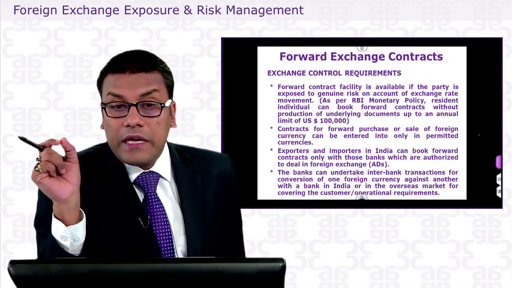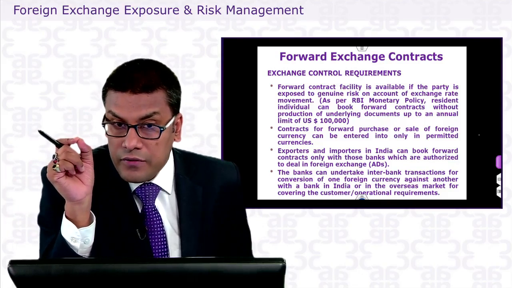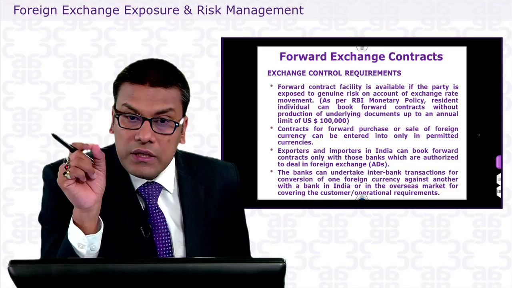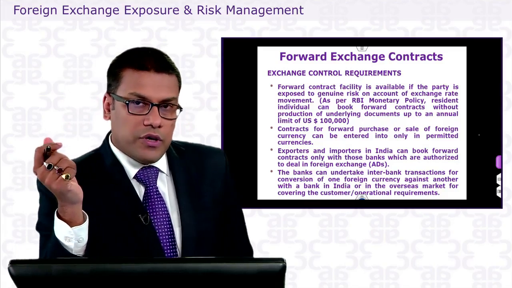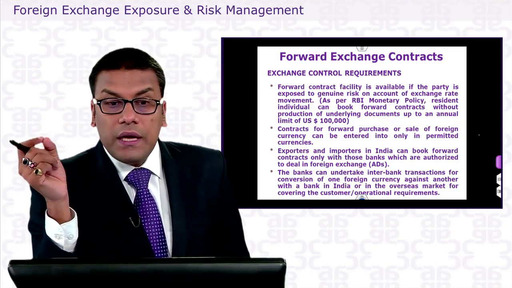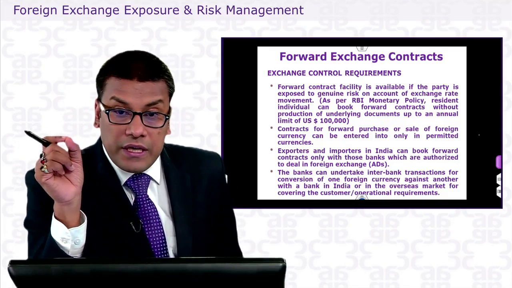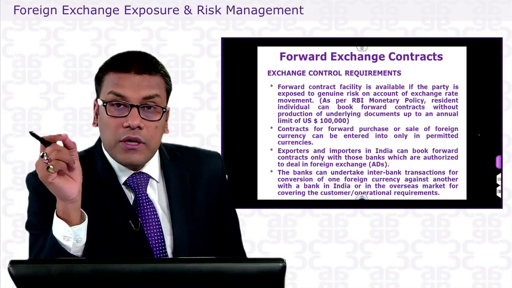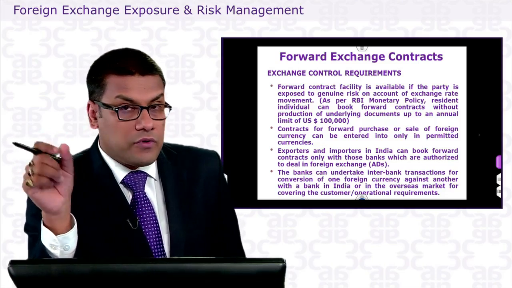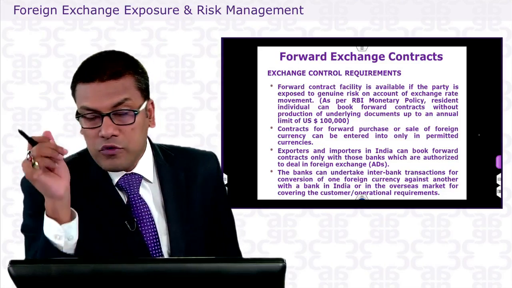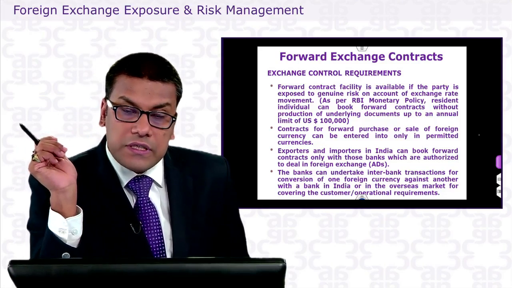Contracts on forward purchase or sale of any foreign currency can be entered into only in a permitted currency. Not all currencies have forward contracts available in the market, and exporters and importers in India can book forward contracts only with those banks which are authorized to deal in foreign currency. We call them authorized dealers. Not all banks would be allowed by RBI to deal in the foreign currency market.